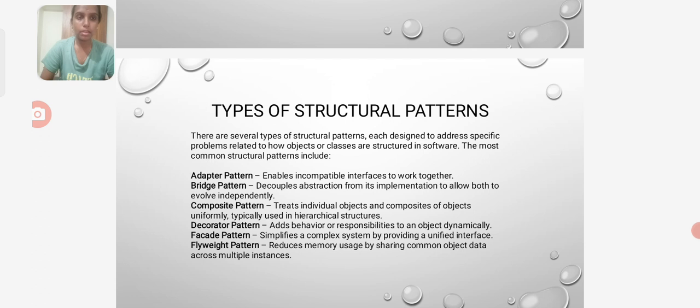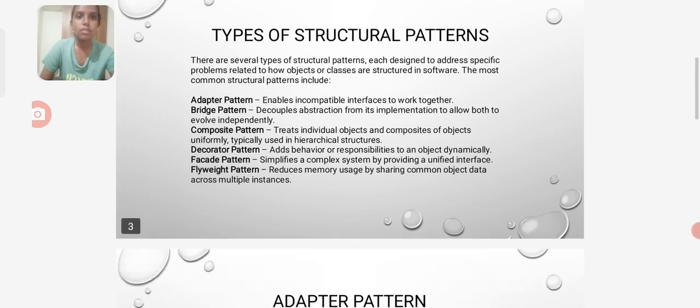Enables incompatible interfaces to work together, decouples abstraction from its implementation to allow both to evolve independently, treats individual objects and composites of objects uniformly, typically used in hierarchical structures, adds behavior or responsibility to an object dynamically, simplifies a complex system by providing a unified interface, reduces memory usage by sharing common object data across multiple instances.